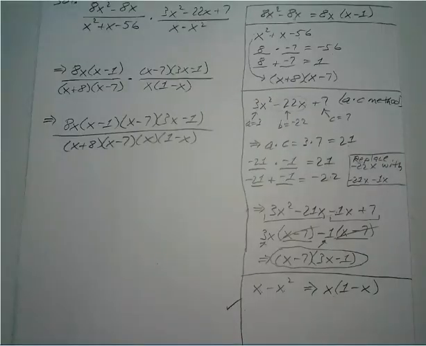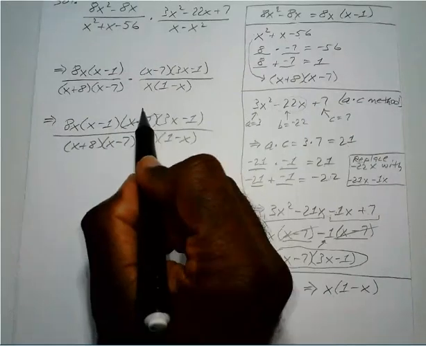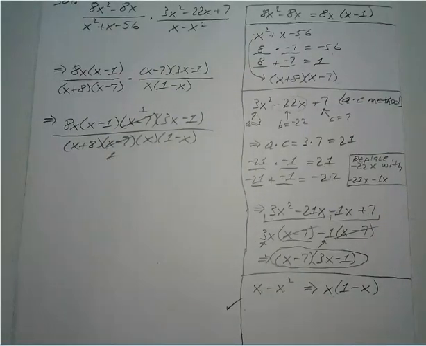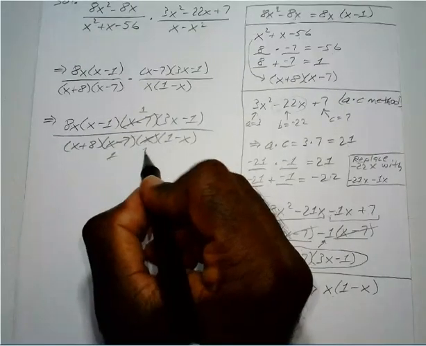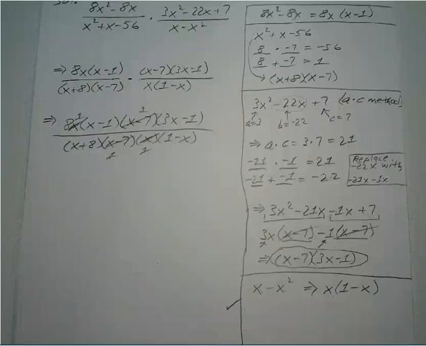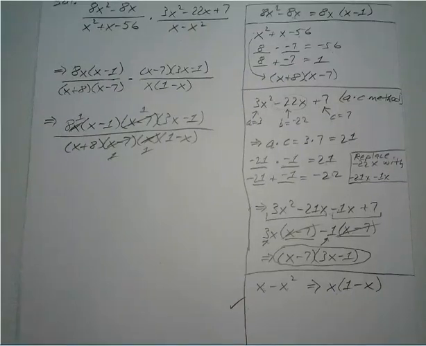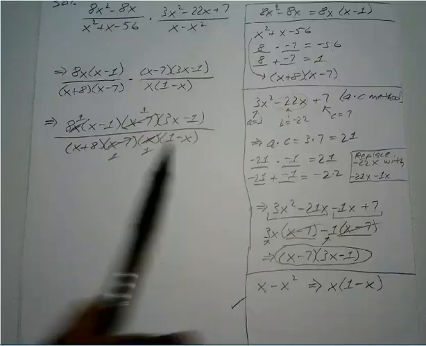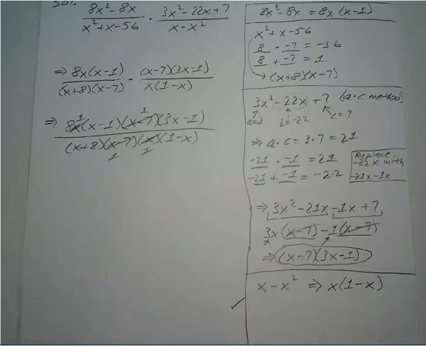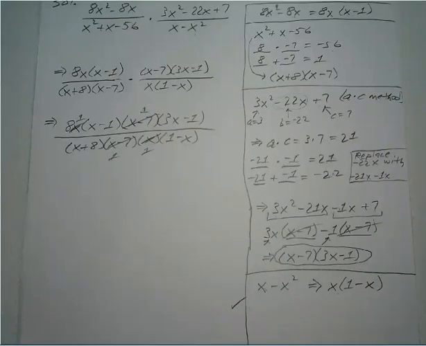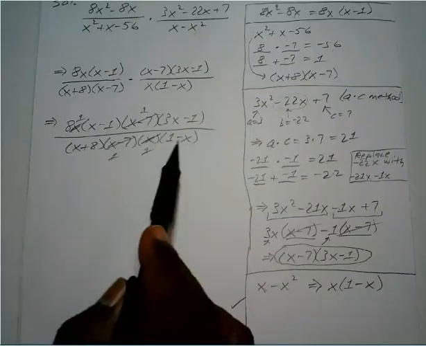Now we start canceling out. This x minus 7 cancels out with this x minus 7. This x cancels out with this x. Now be really, really careful, because this x minus 1 and 1 minus x can't cancel out. You could do it if it was x plus 1 and 1 plus x, because that's the same thing. But x minus 1 and 1 minus x are not the same.